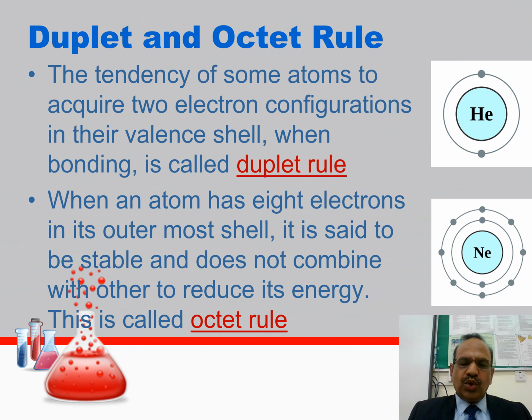So this is the octet rule. All other atoms try to get the electronic configuration of the noble gases, because noble gases are stable and inert. They are mostly not participating in reactions. So other elements also want to get the electronic configurations of the noble gases, and they also want to be noble.